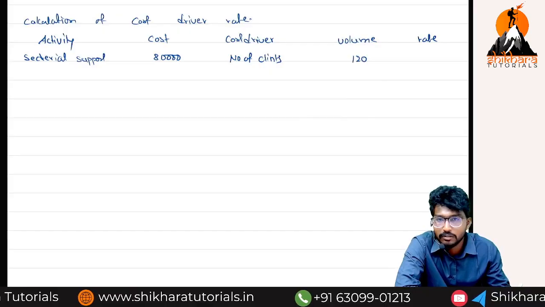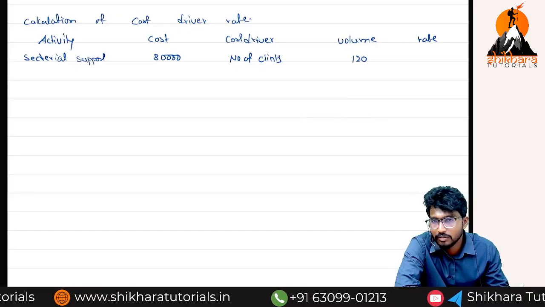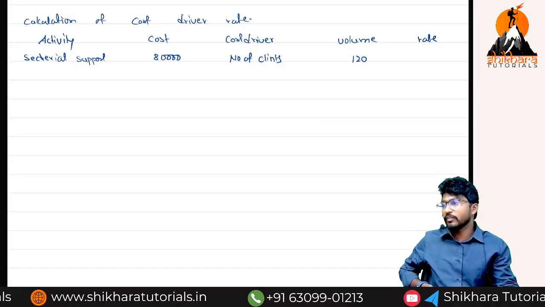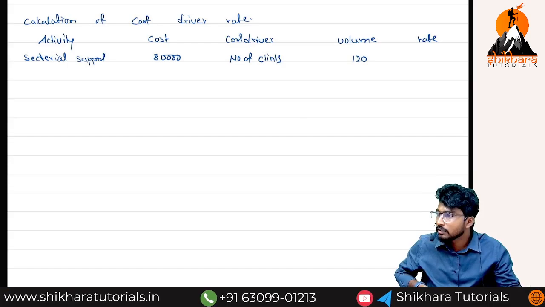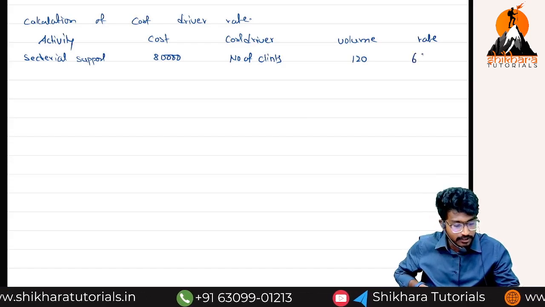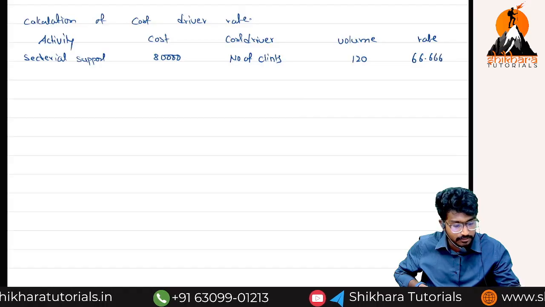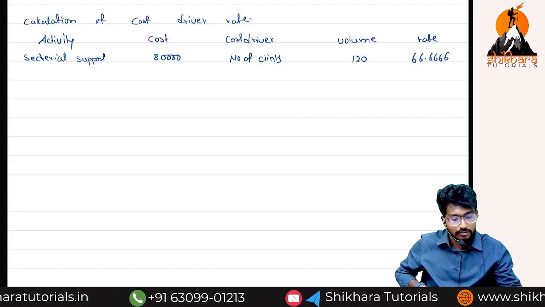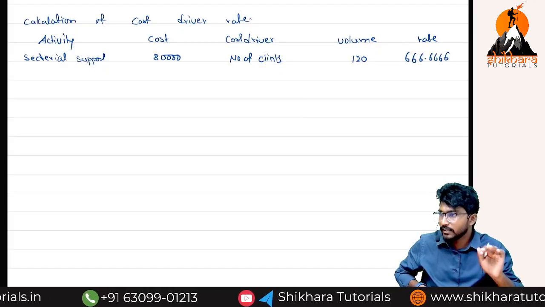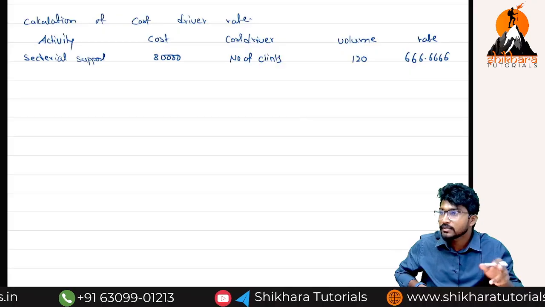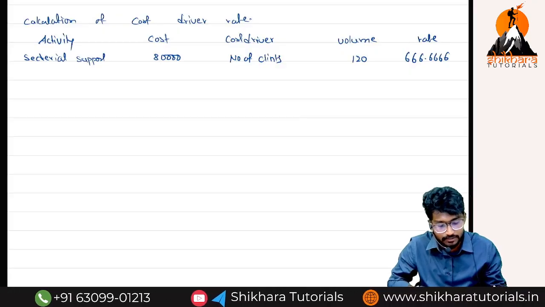What is the rate? 80,000 divided by 120, 666.666.